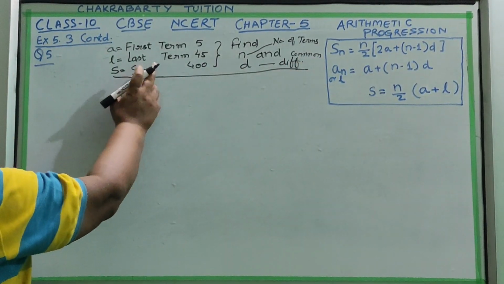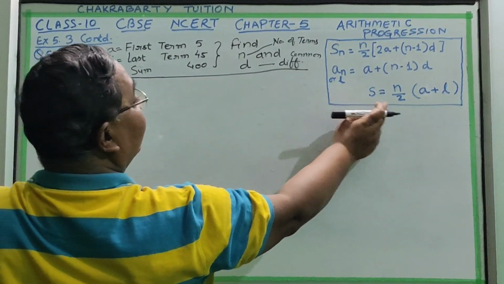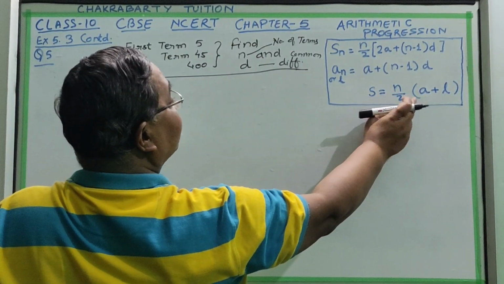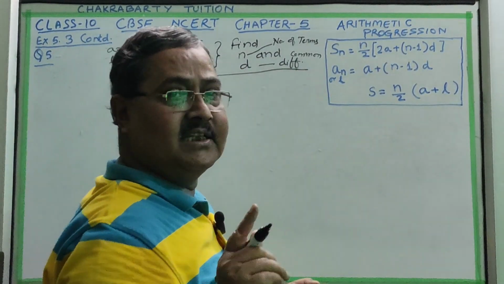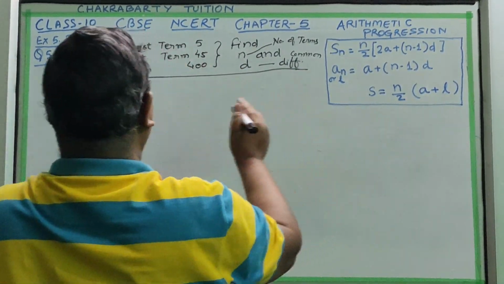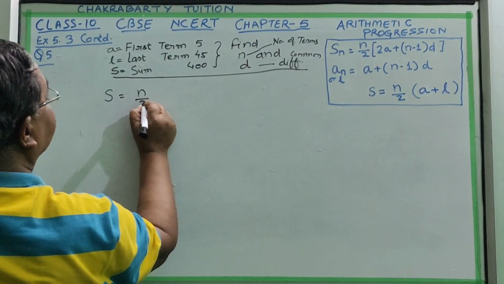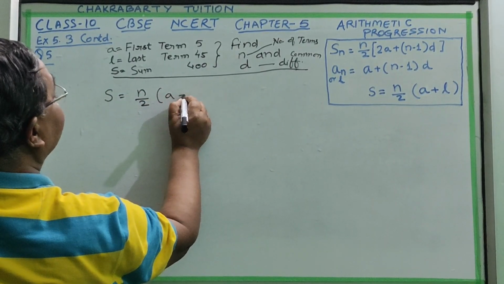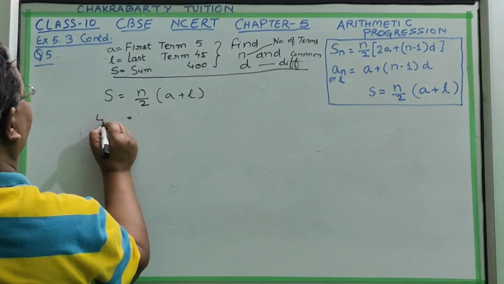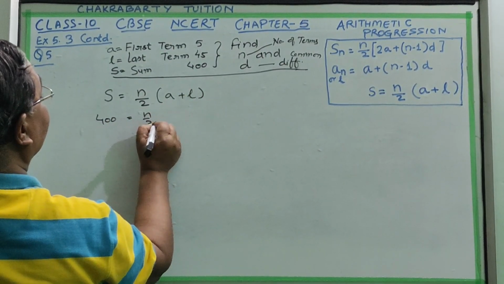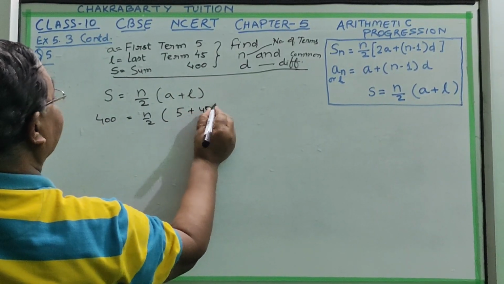So because these are given, we will go with this. Sum is given, number of terms is given, and if one thing is missing in the formula, we can find it out. So this formula we are going to use: S is equal to n upon 2 times A plus L. Sum is 400, n is 50 upon 2, A is 5, and L is 45.